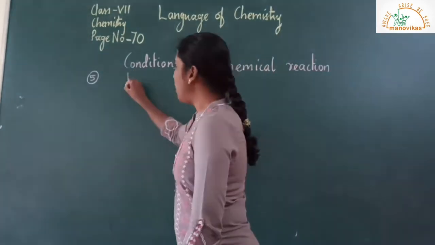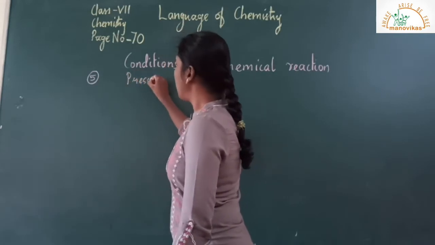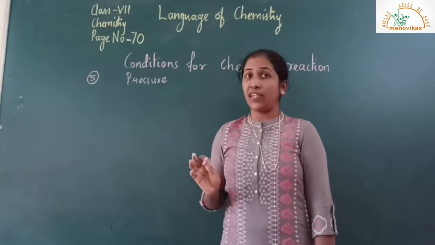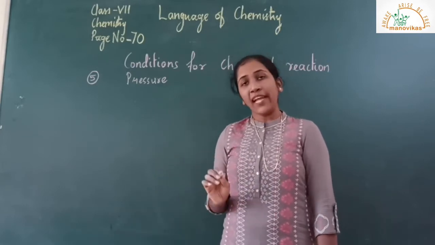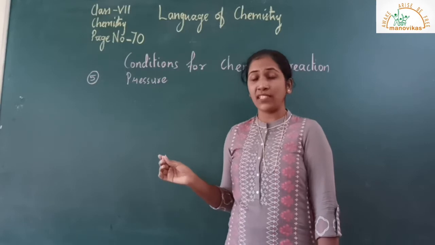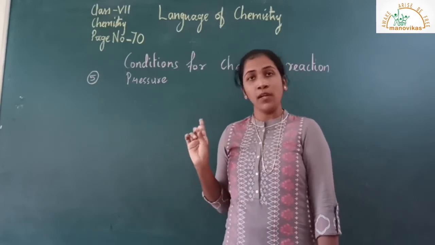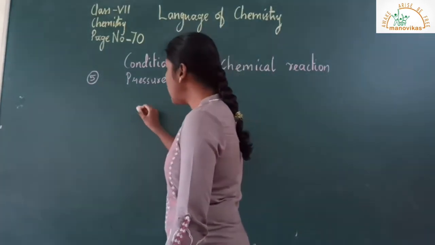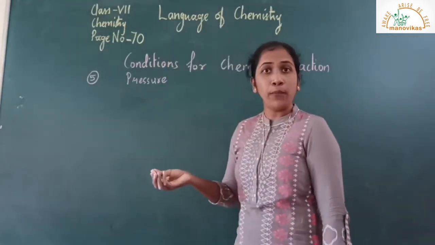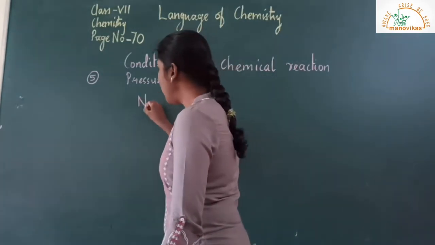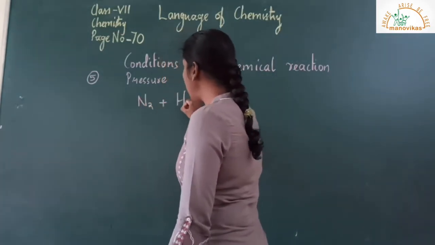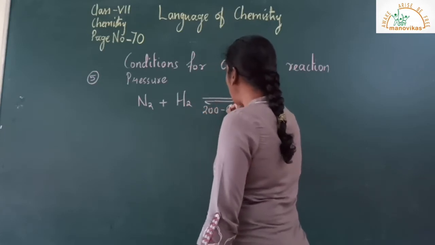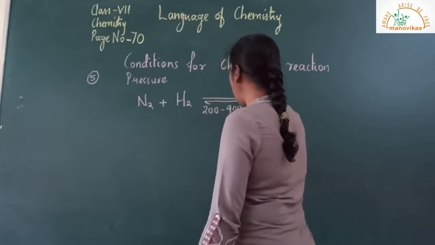Fifth one is pressure. Certain chemical reactions can take place under high pressure. The reaction between gaseous reactants can occur at high pressure. In this we can take an example, that is for the synthesis of ammonia, we require nitrogen gas and hydrogen gas under high pressure, that is 200 to 900 atmosphere.